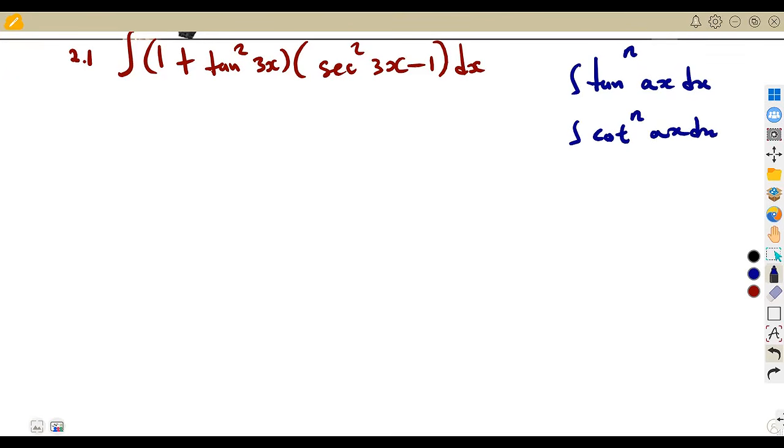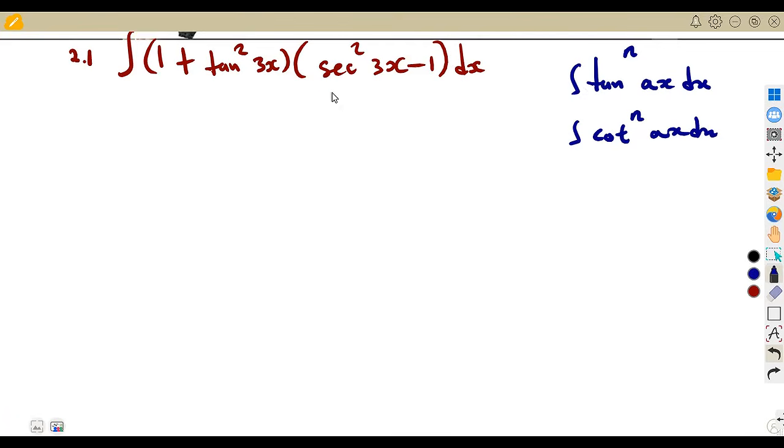And for these integrals, we are going to use the appropriate trigonometric identity. But now they are hiding this for us. This is what they are trying to do.